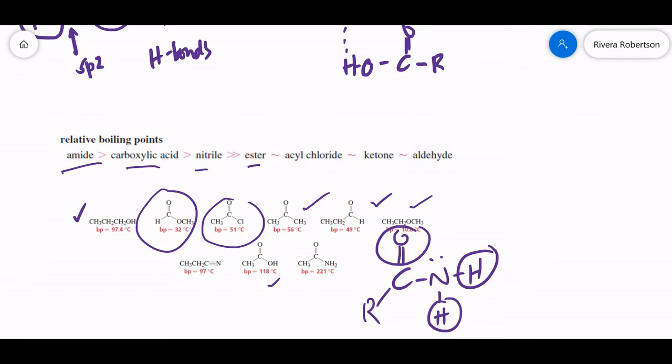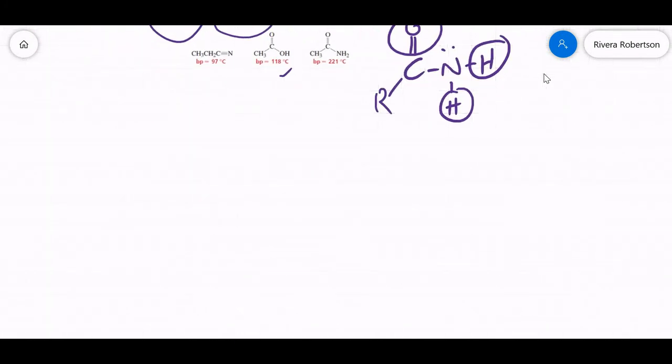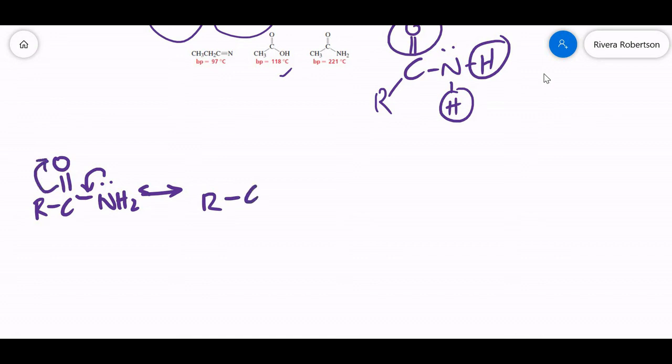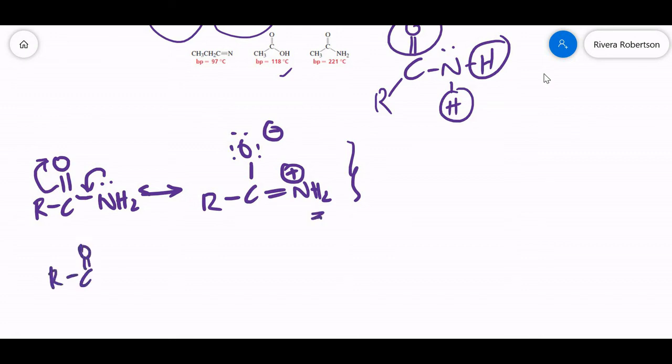So, let's look at the resonance structure of the amide. So, when we draw that resonance structure, this is what happens. Now, since your nitrogen is less electronegative than your oxygen, it means that the portion contributed by this resonance structure is larger versus that of your carboxylic acid.